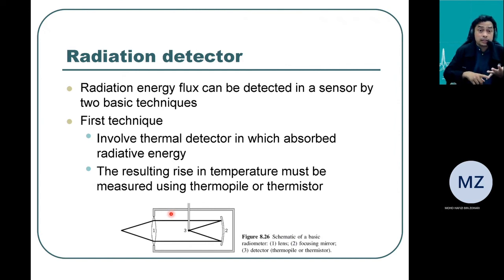Radiometer is basically a radiation detector. It actually detects or collects the energy that radiates from our body. You have a mirror. For example, if you look at the figure here, it's a basic radiometer. You have a collecting lens. You collect the energy, heat or whatsoever, and it has a mirror inside here, and it focuses on one point here.